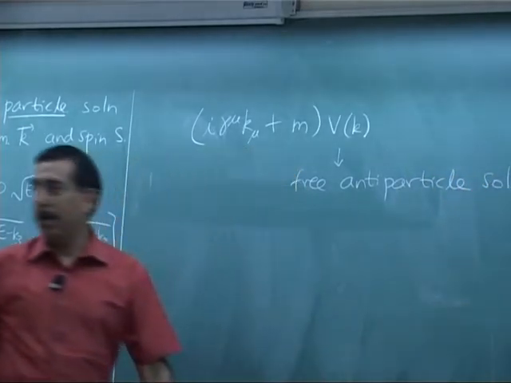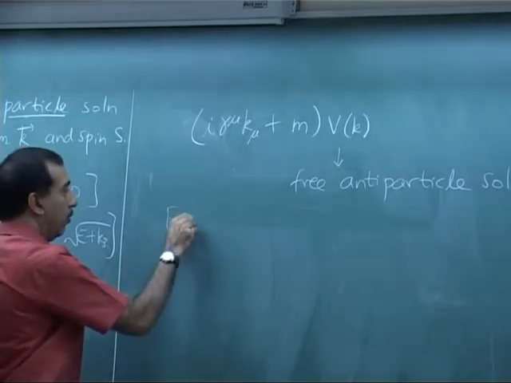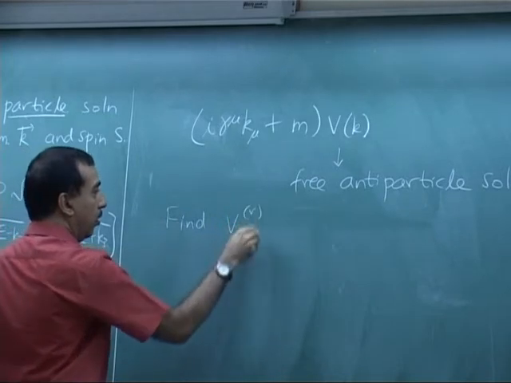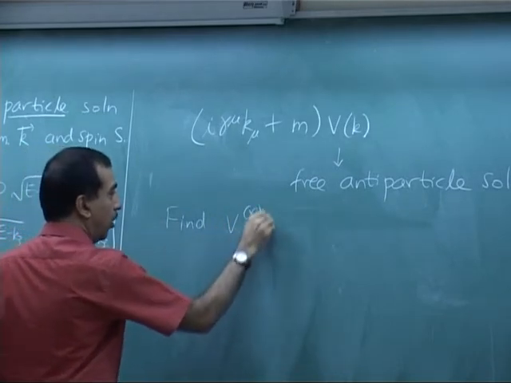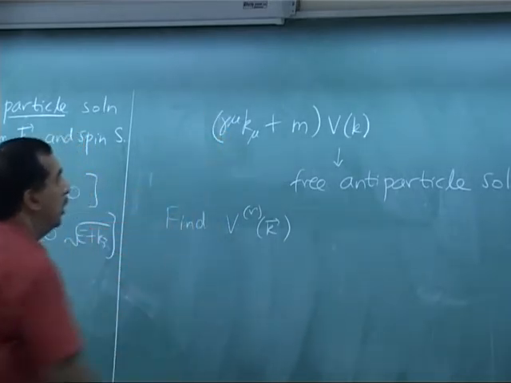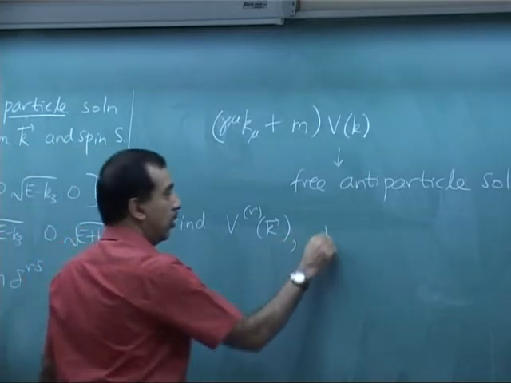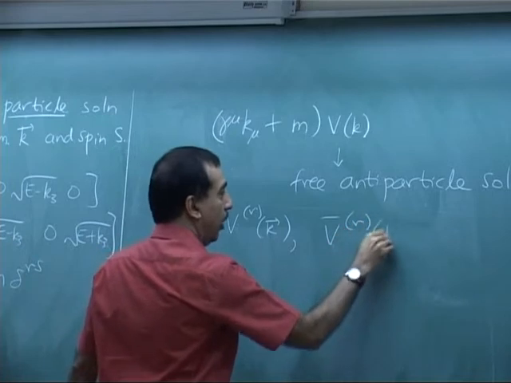And I hardly need to go through all this calculation, you can just repeat it. There are only a few extra minus signs, so you can find V r of k, as well as V bar r of k.